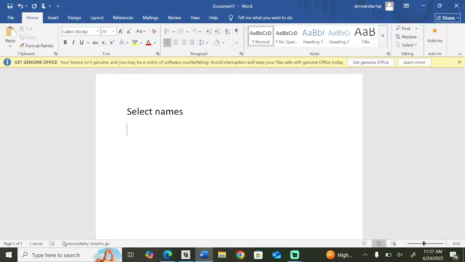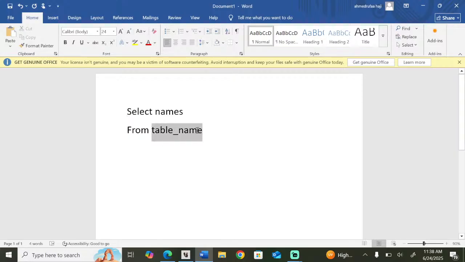Then we have from. In databases, we have several tables, so you have to provide the table you are referring to. From table name. So you have to provide the name of the table.